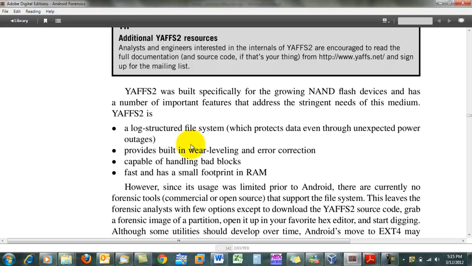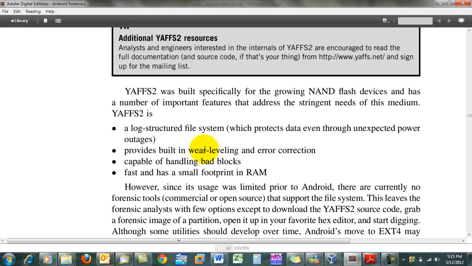It also provides built-in wear leveling and error correction, ECC, that we discussed previously in the lecture. All NAND flash devices suffer from this: if you keep writing to the same NAND chip, it will be spoiled and become bad blocks.